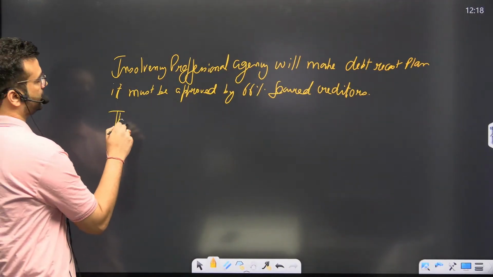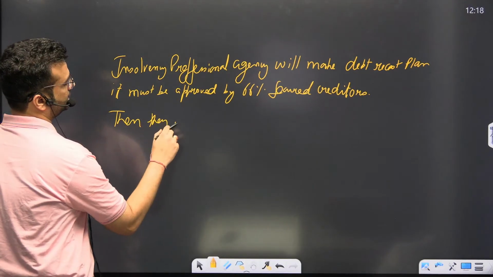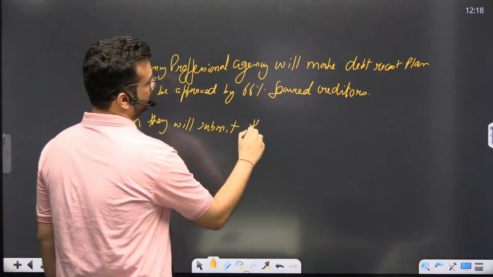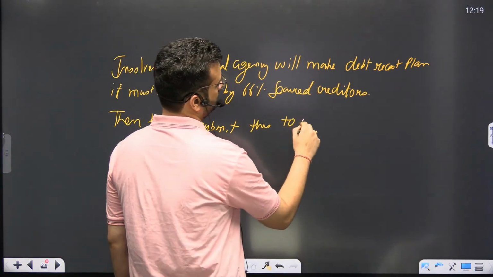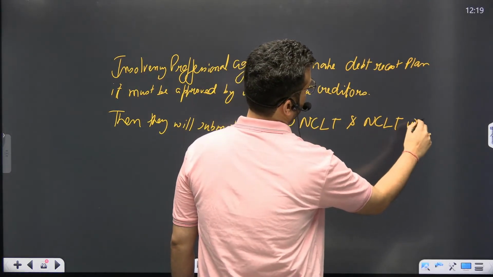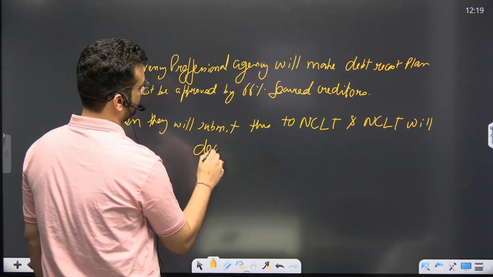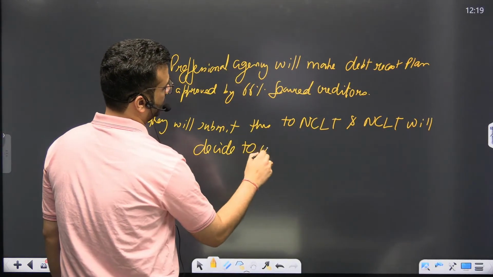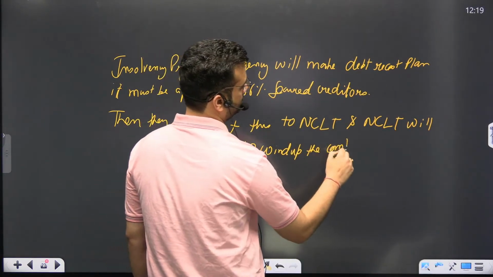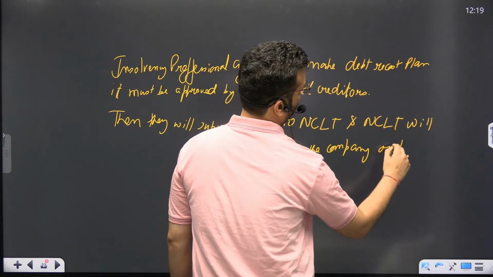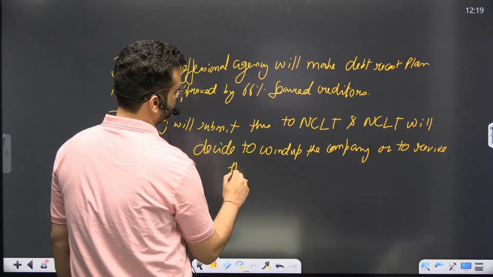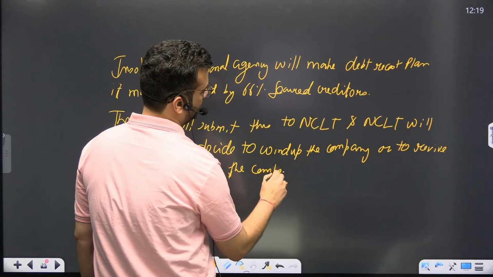Then they will submit this to NCLT, and NCLT will decide to wind up the company or to revive the company after seeing that debt recast plan.